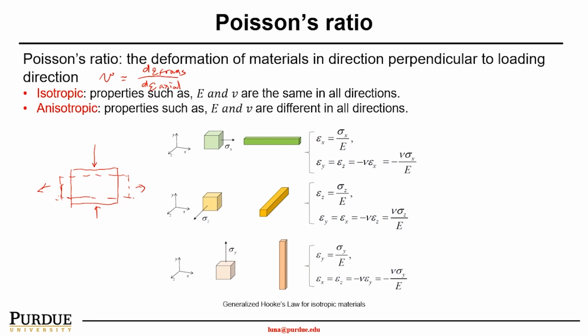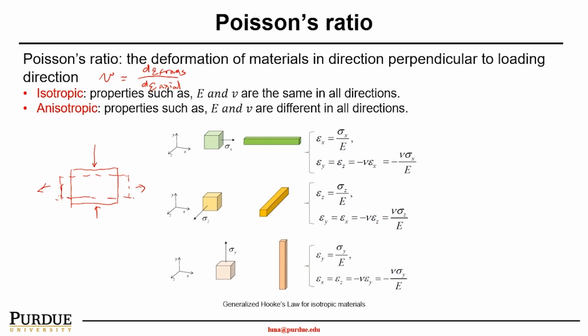So the ratio of the expansion in the transverse direction to the reduction, or compression, in the loading direction is what we call Poisson's ratio. Poisson's ratio is another very important concept that shows the deformation of the material in the direction perpendicular to the loading direction.